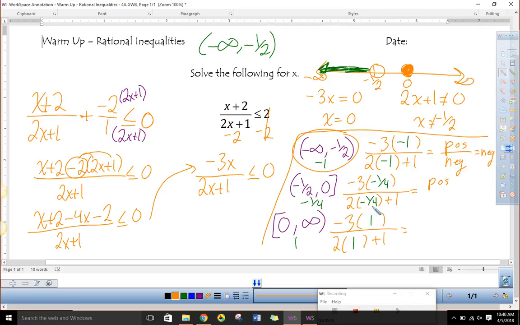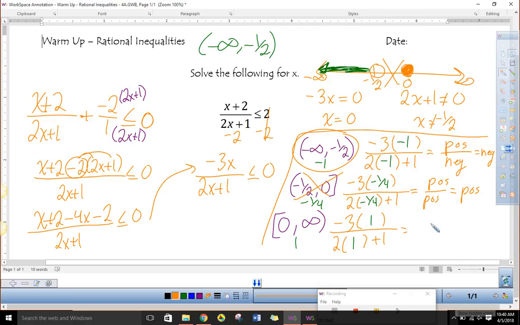So if I have negative a half plus 1, am I going to get a positive or negative value? Yeah, I'm going to go positive value. Positive divided by positive is a positive. So what does that tell me? No go. Not part of our answer. We don't care about that section.